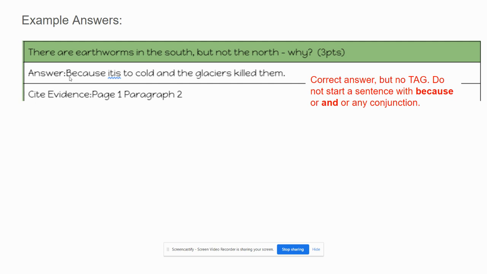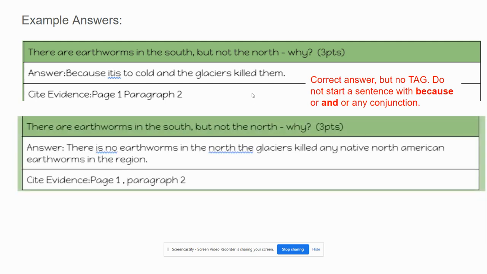But you don't have to remember a lot of those very specific grammar rules if you tag. If you just start the sentence by turning the question around, that works. But for this point, very good answer. They got the question right, but they did not tag, and so there is that little grammar error at the start of the sentence.